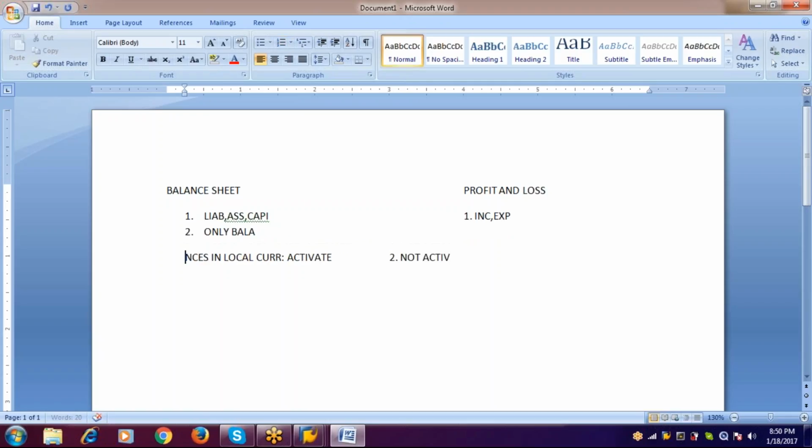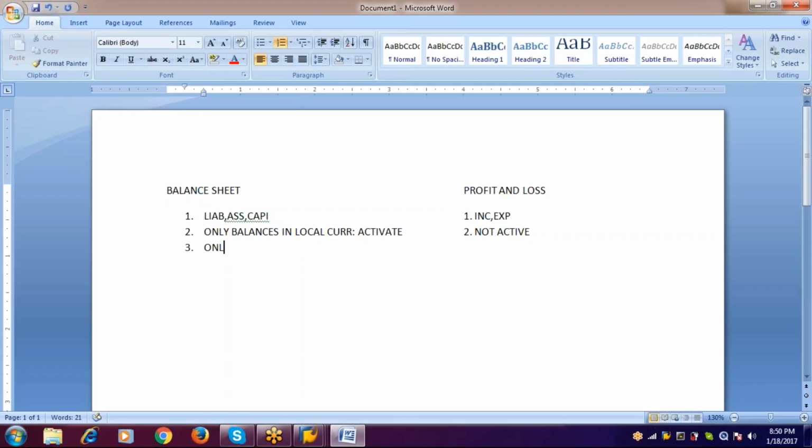That means in the balance sheet, whatever transactions are happening should be in the company code currency, but mostly in the profit and loss account it should not be so. Transactions in other currencies will also be allowed.